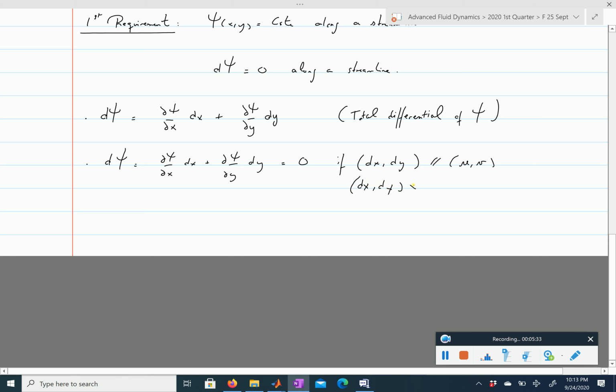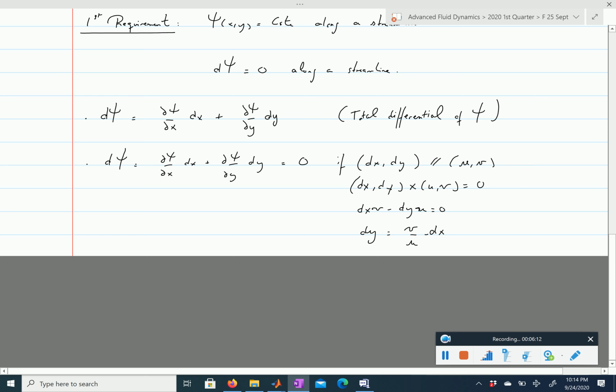So dx dy cross u v equals 0, and so that we can write as dx times v minus dy times u is equal to 0. And from there we can see that dy and dx are no longer independent variables, right? So we cannot pick dy and dx randomly. If we say we're moving along a streamline, we have to have dy equal to v divided by u times dx.